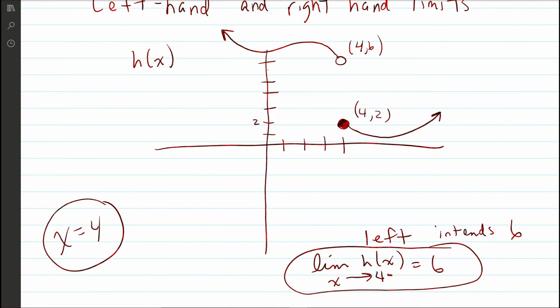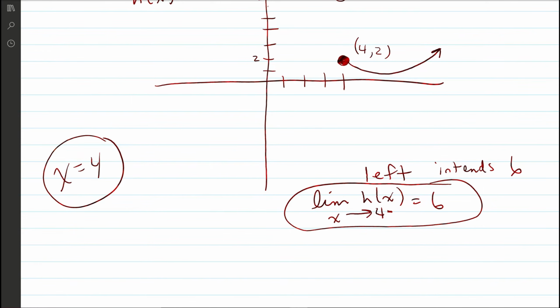We can see that. Now, approaching x equals 4 from the right, it looks to me that it intends to reach 2.